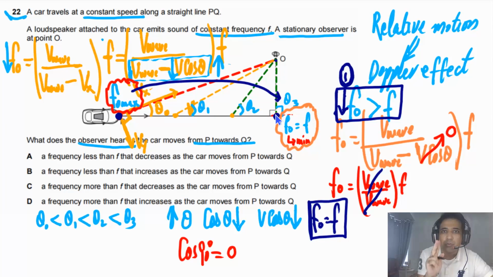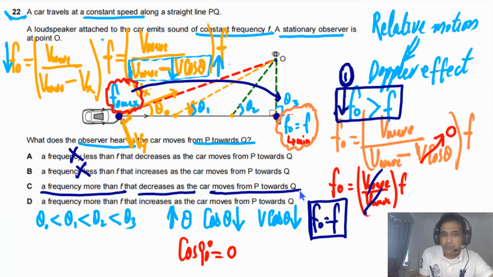These two points you need to find the best possible option for this question. If you look at option A, a frequency less than f, this is not possible. A frequency more than f, yes, that decreases as the car moves from P towards Q. So this one is our answer.